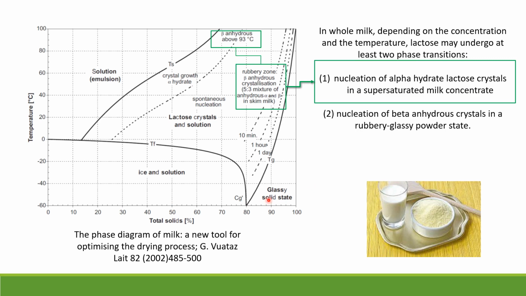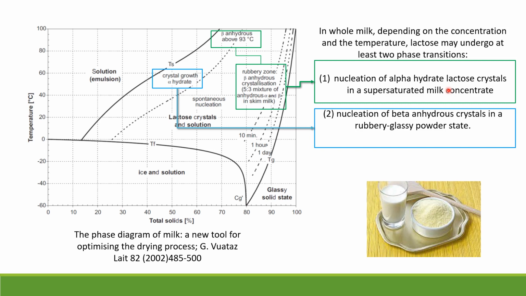There are two phase transformations. The first one is at high temperature, above 93 degrees in principle. Then nucleation of an alpha hydrate lactose crystal in a supersaturated milk concentrate is occurring. Second, at much lower temperature, we have the nucleation of beta anhydrous crystals in a very glassy powder state.